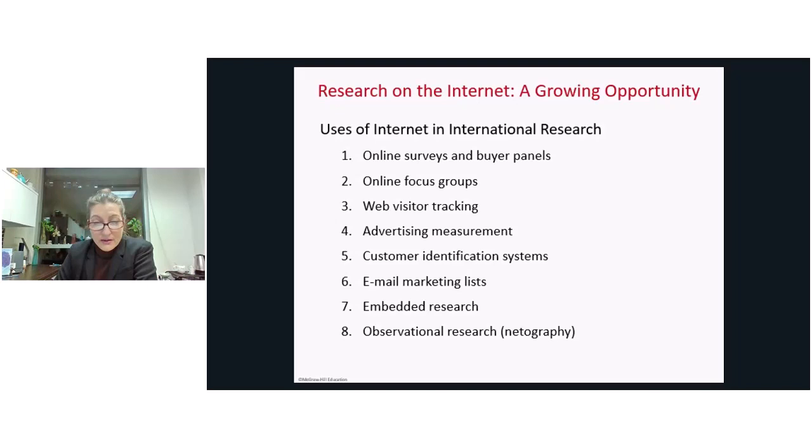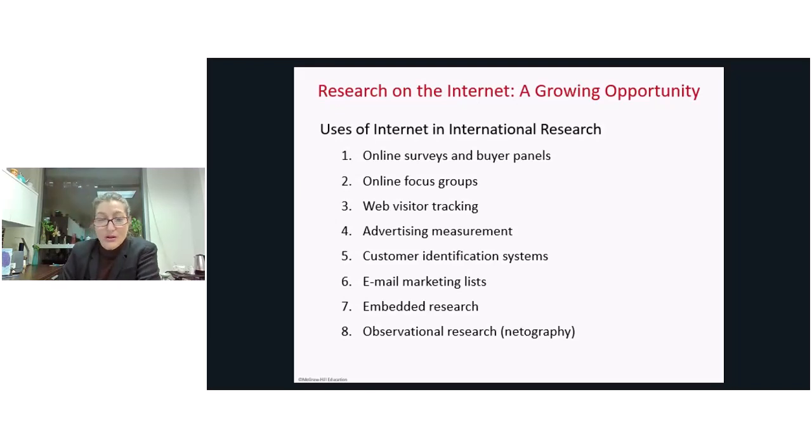We can identify consumers, we can use identification systems to understand customer behavior. We have email lists that we can use to do our research online.